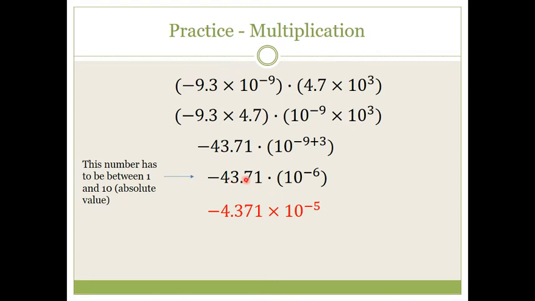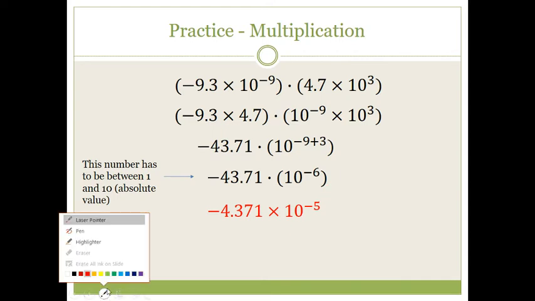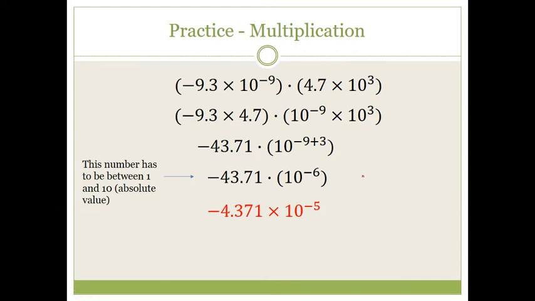So notice I move this decimal to the left, and then I have to add 1 to the exponent. Be careful with your signs when you're working these out: negative 6, if I have to add 1, negative 6 plus 1, that's how we get negative 5 here as our new exponent.